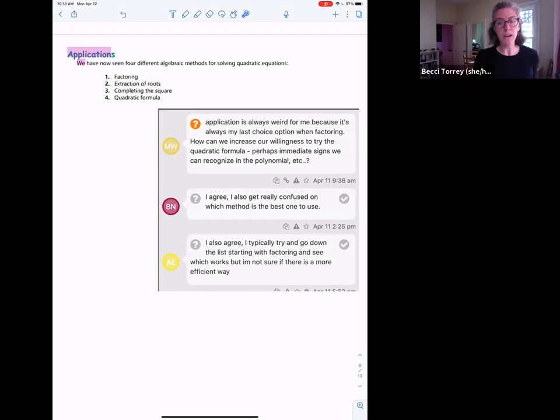Some people just say, hey, the quadratic formula always works. I'm not even going to bother trying all these other things, I'm just going to jump straight to the quadratic formula. So that's one option. Personally, what I do is I try factoring first, and then I jump to the quadratic formula.